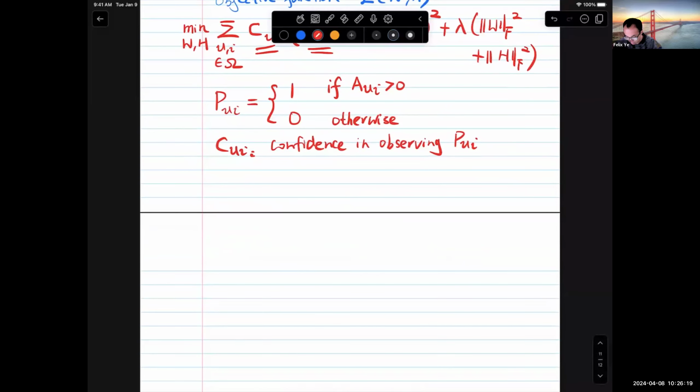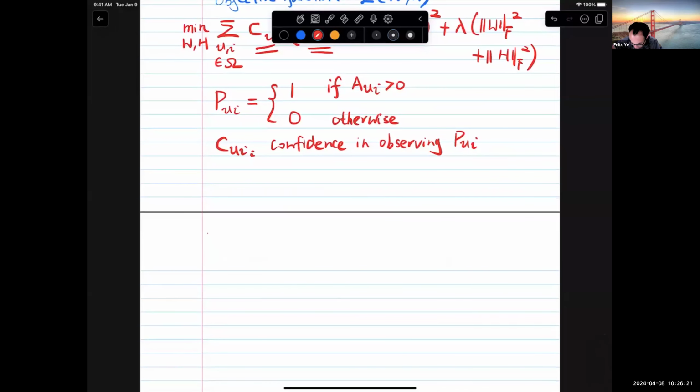The rule of thumb idea is, when AUI is equal to 0 and the PUI is equal to 0, right, there are two possibilities.